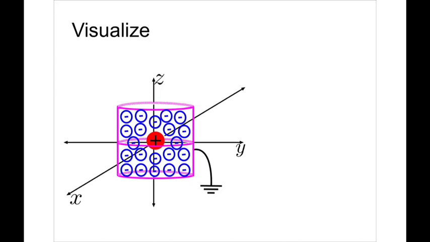And when this happens, if you take a Gaussian surface and put it around this cylinder, you'll find that the sum of these charges is 0. So your Q enclosed is 0. And what we know from Gauss's law is that if Q enclosed inside the Gaussian surface is 0, the electric field out is also 0.